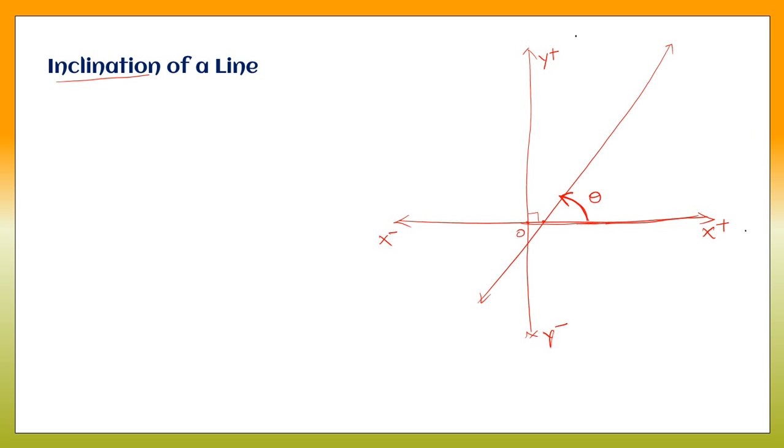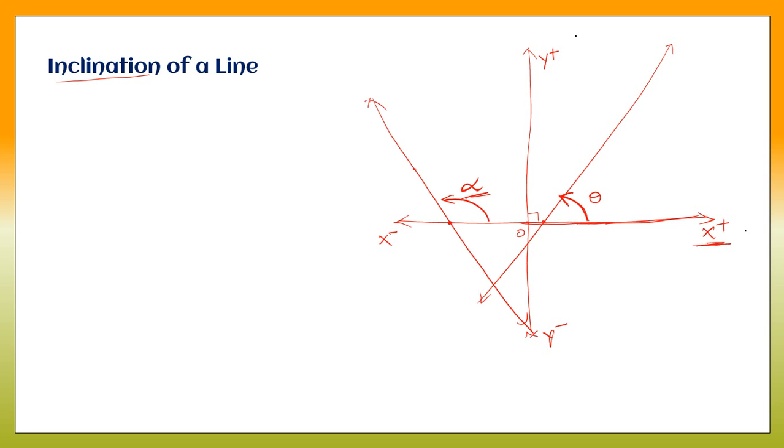Such an angle is called inclination. Wherever the line is formed, the angle should be taken from the positive side of the x-axis, in the anti-clockwise direction. Let us consider this angle as alpha. Then this alpha is the inclination of this particular line.